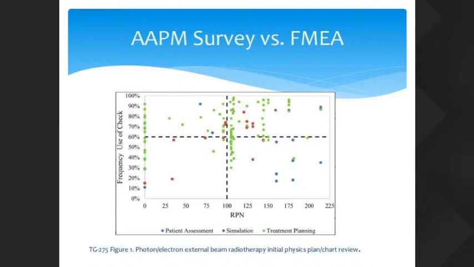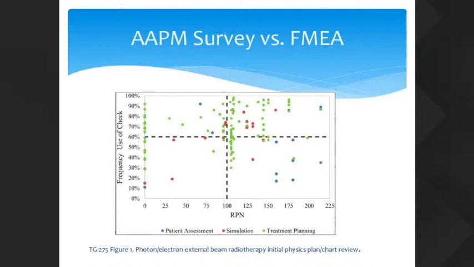The green represents the treatment planning process step, red is the simulation process step, and blue is the patient assessment. If you take notice of the points in the upper right-hand quadrant, these are all high-risk failure modes, but they also were high response rates on the survey. So we were confident that those were the failure modes that were being checked routinely.